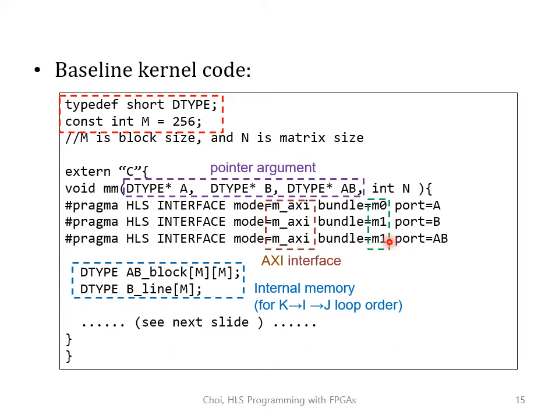And we need some internal memory for the blocked matrix multiplication. Let's assume that we're taking the KIJ loop order. And if you remember a few slides back, we need a block storage for AB, a line for B, and just a single register for A, which you'll see in the next slide.